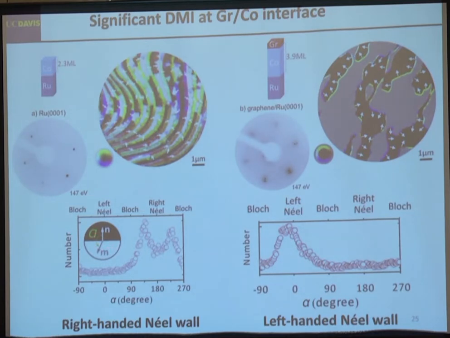So if all the spins within the boundary give you alpha equal to 0, that gives you left-handed Néel. If alpha is pointing outside direction, that's right-handed Néel. If alpha is plus or minus 90 degrees, that's Bloch. So we plot the histogram of alpha. You see that the system is dominated by this right-handed Néel.